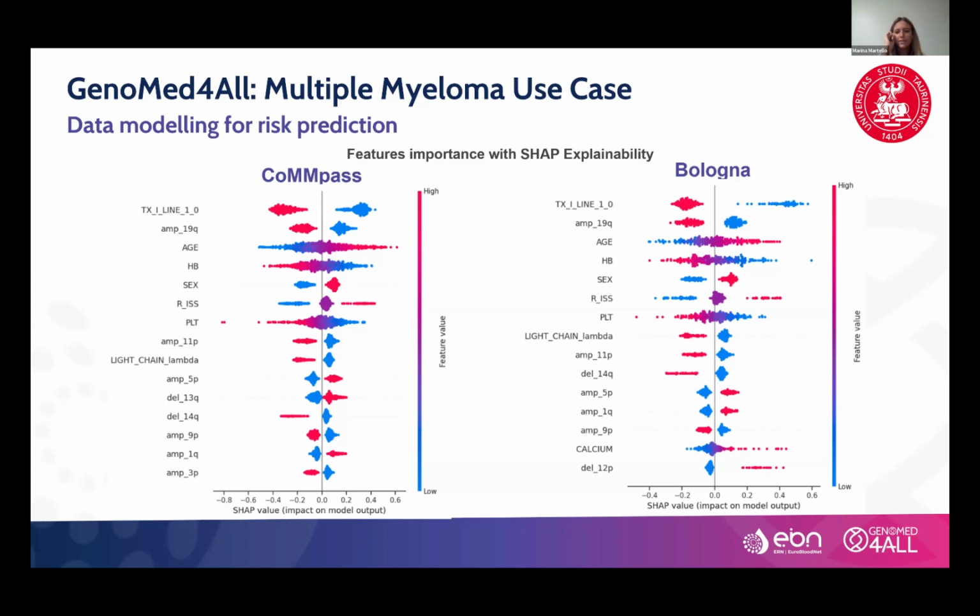As you can see from this graph, both the COMPASS and Bologna datasets display a similar outcome in the variability of every feature in determining a specific risk. In particular, for example, we can see the protective effect of the transplant, of having received it or not, and the effect of every single genomic alteration has also been analyzed.